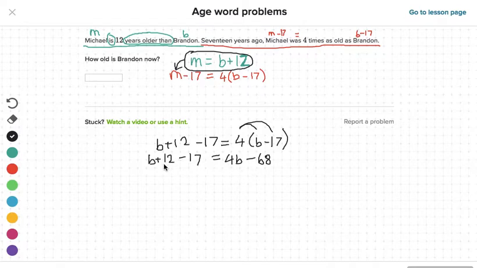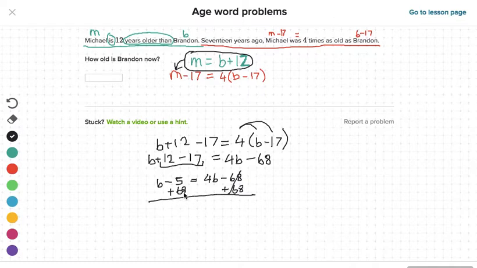Okay, so I'm going to combine these like terms here first, tidy it up a little bit. We get B plus 12 minus 17 is minus 5, equals 4B minus 68. And I think what I'm going to do here is add 68 to both sides. We could have done the variable first, in fact, but it really doesn't matter which order you do it in.